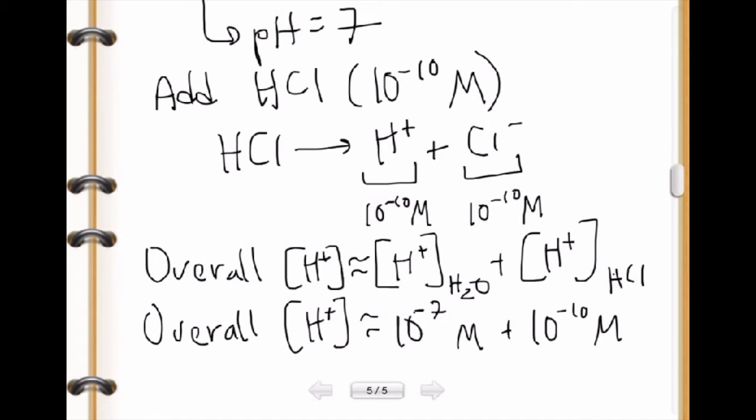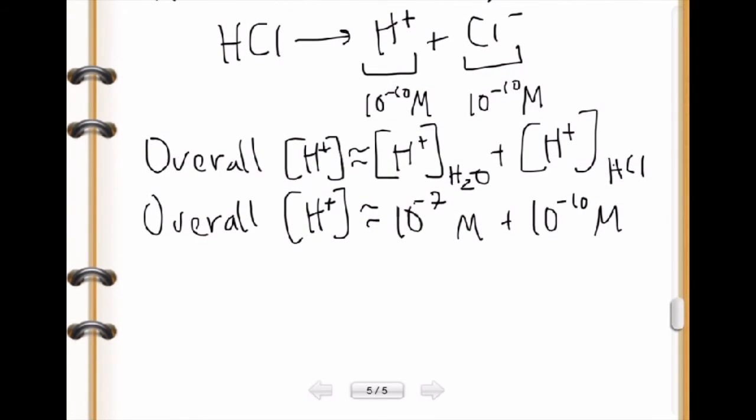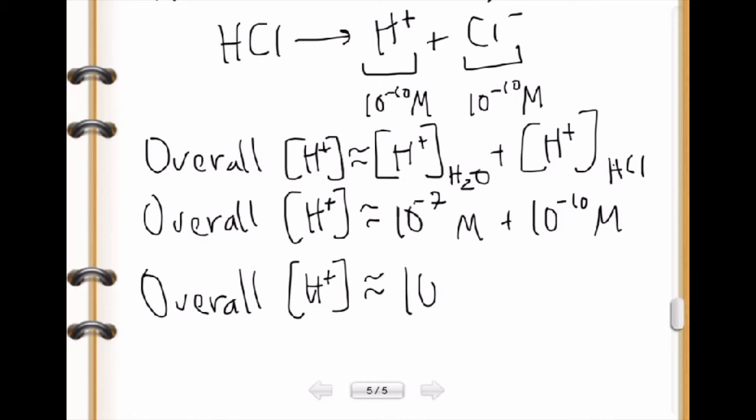And, believe it or not, when you add that up, the overall H plus is about 10 to the negative 7th. Because if you add 1 to 1,000, it's 1,001, which is still about 1,000. In this case, 10 to the negative 7th is 1,000 times bigger than 10 to the negative 10th. And so it's basically about the same.